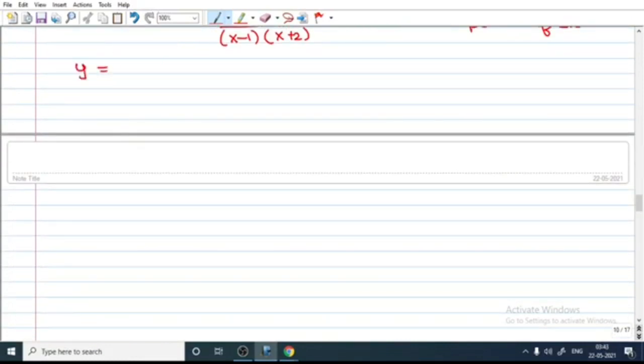y equals a upon... minus x plus 2, the whole upon x minus 1 into x plus 2, can be expressed as a upon x minus 1 plus b upon x plus 2.